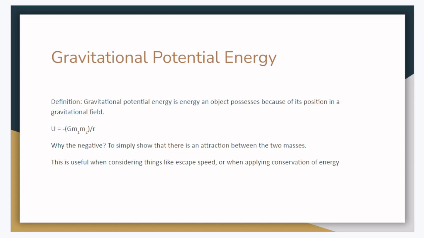So we simply say negative just to show that it's an attractive interaction. And again, you might be wondering, isn't this mgh? Again, the answer would be that this equation right here is the universal law, and mgh is specific to the Earth. This gravitational potential energy is useful when considering things like escape speed or when applying conservation of energy. And we'll take a look at things like that later.